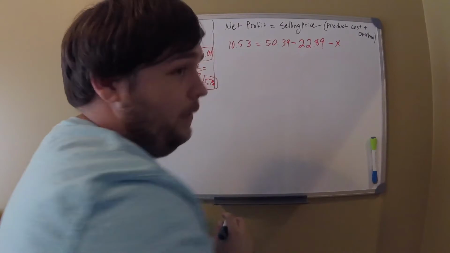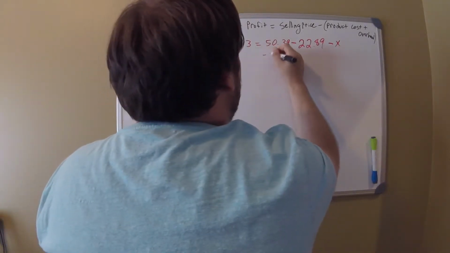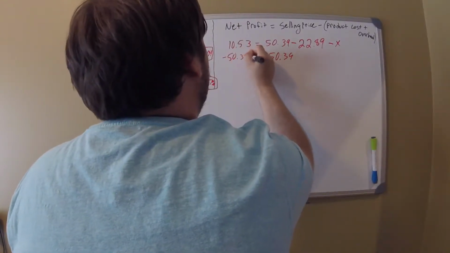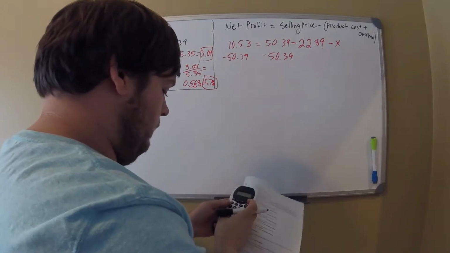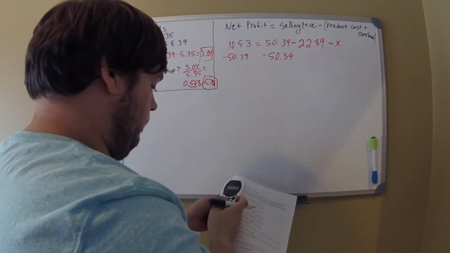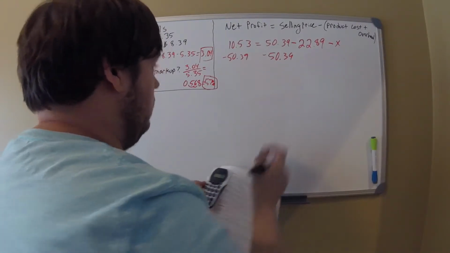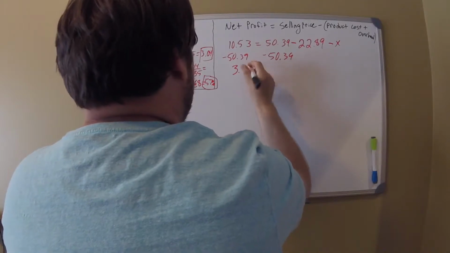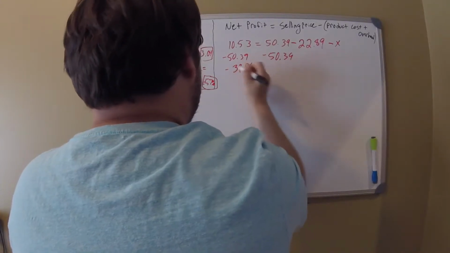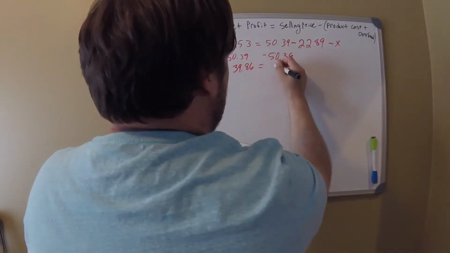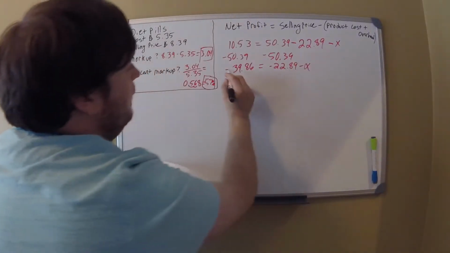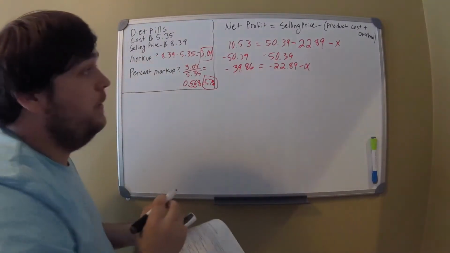And then you can just work the problem like normal to get X by itself. So we can subtract 50.39 from 10.53, which is negative 39.86, equals negative 22.89 minus X. Now, keep in mind that these are negatives, so you've got to make sure you're keeping track of these negatives.